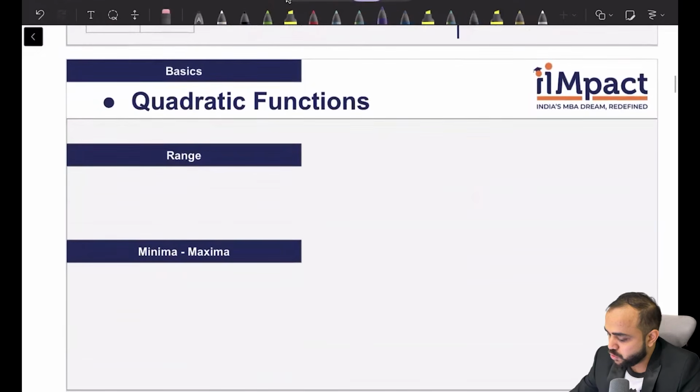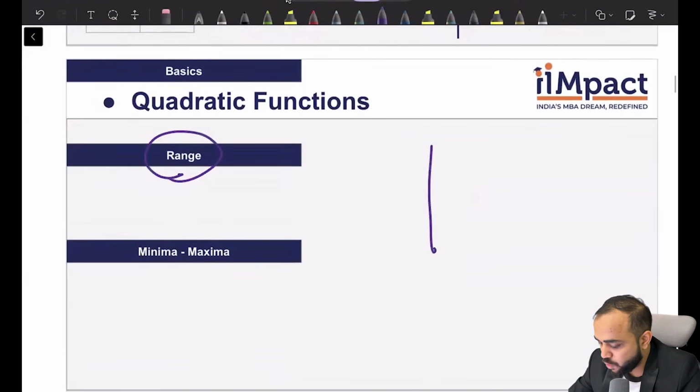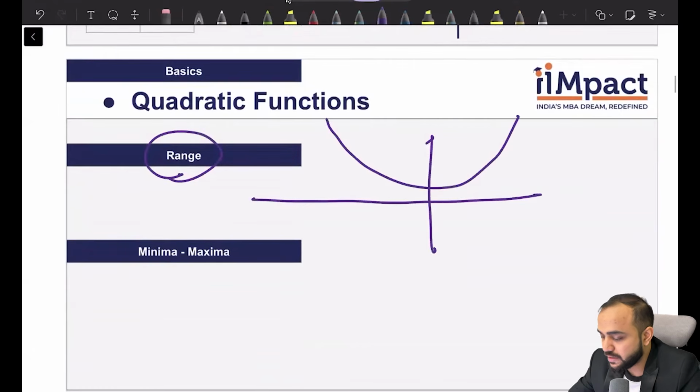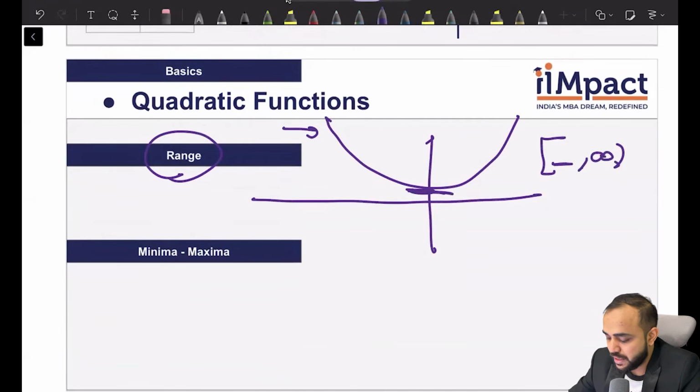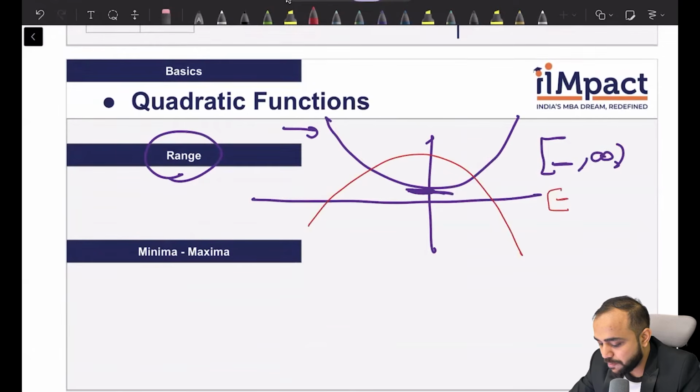All right, great. So the range thing we have already discussed. For a greater than 0, your parabola will look something like this, an upward facing parabola, and your range will be some minimum value to infinity. If your parabola is downward facing, your range will be minus infinity to some maximum value.